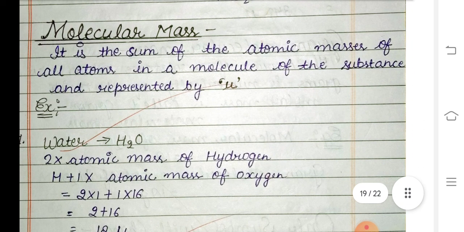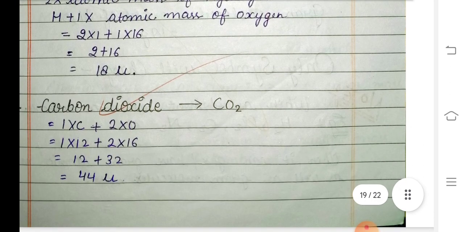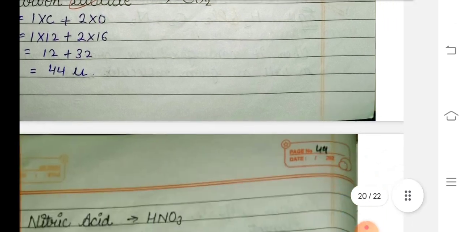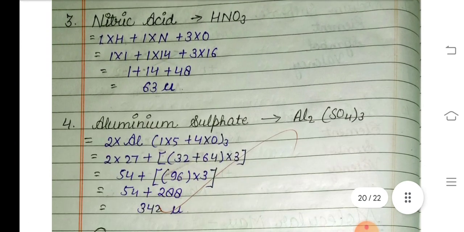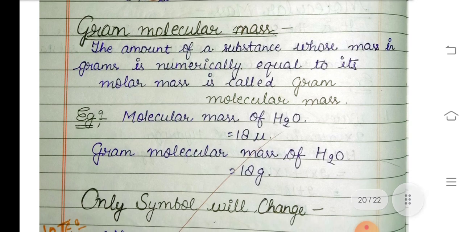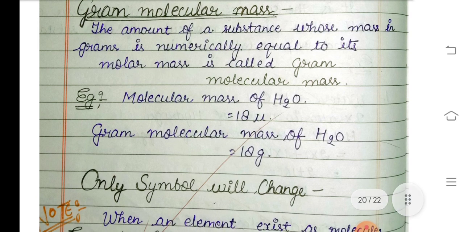So what is molecular mass? It is the sum of the atomic masses of all atoms in a molecule of the substance, and it is represented by small u. I have already told you. Then gram molecular mass, which is not very important and not asked in exams, but still you have to learn it.